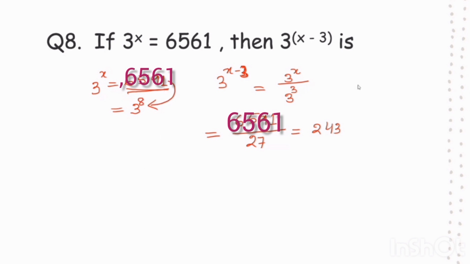So we can write 3 raised to the power 8 upon 3 cube, that equals 3 raised to the power 8 minus 3, that equals 3 raised to the power 5, and 3 raised to the power 5 equals 243.